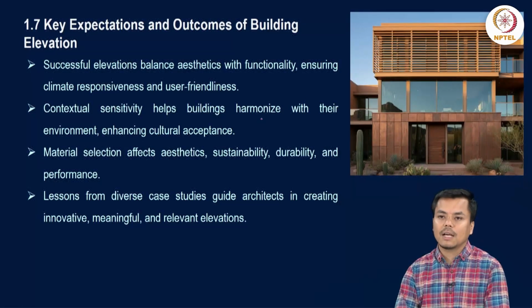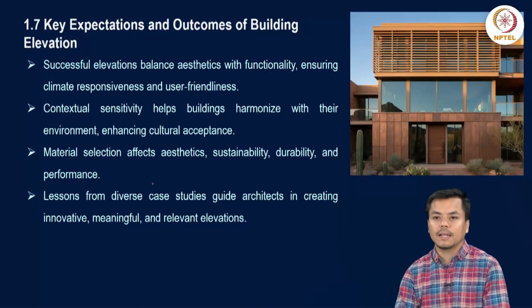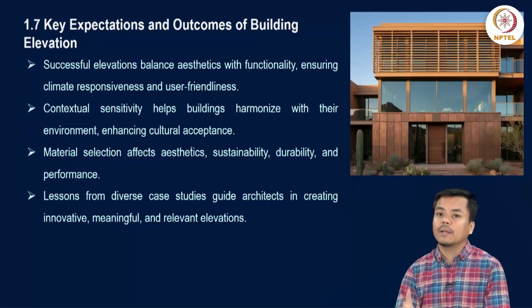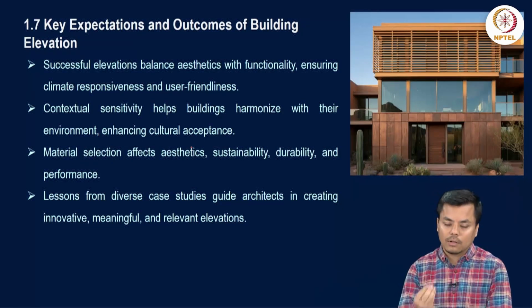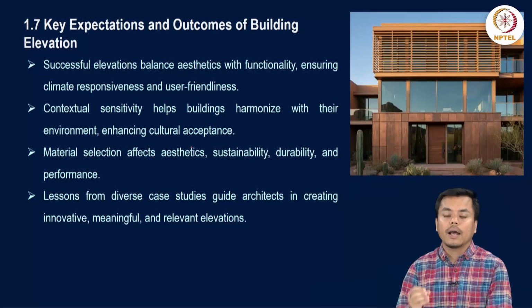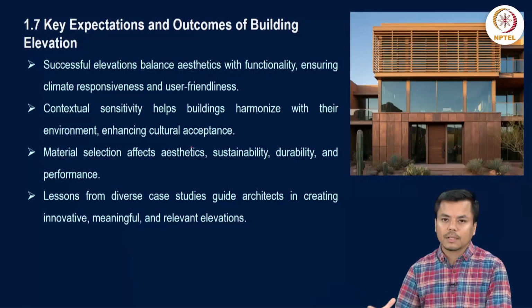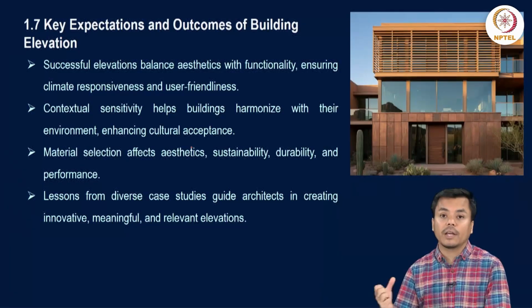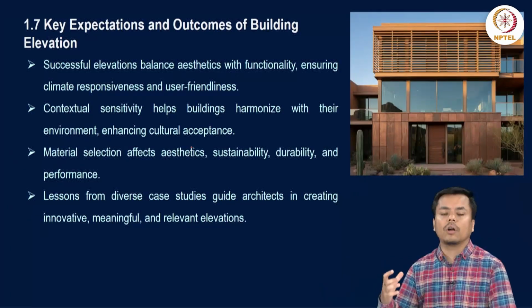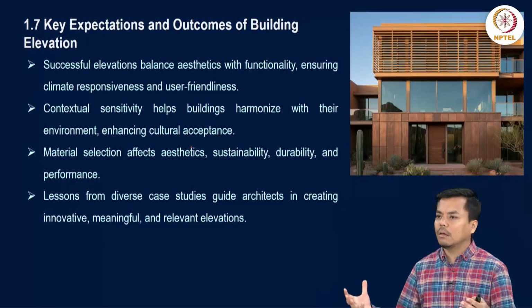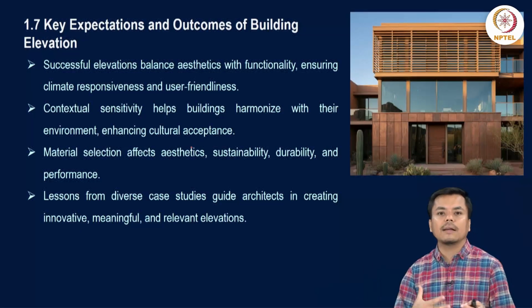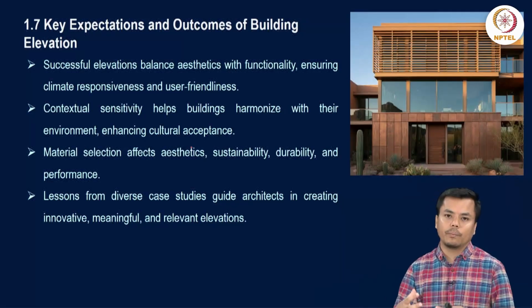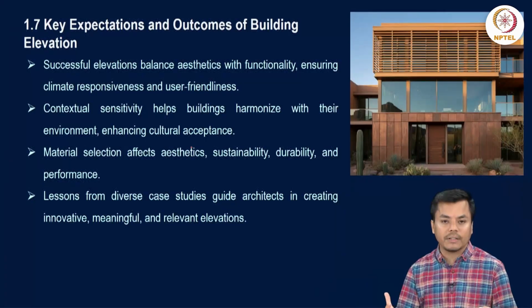Contextual sensitivity helps the building harmonize with the environment and enhances cultural acceptance. So the material choice that you select for the project has to respect the context. For example, if you are designing a building very near to a heritage structure with all its strong elements and material, and you come up with something very alien to that space, that should generally be avoided.